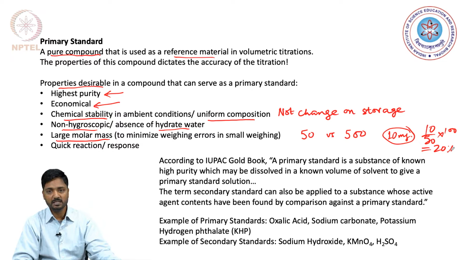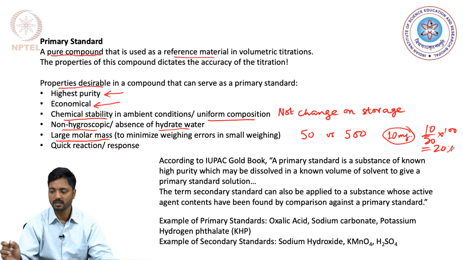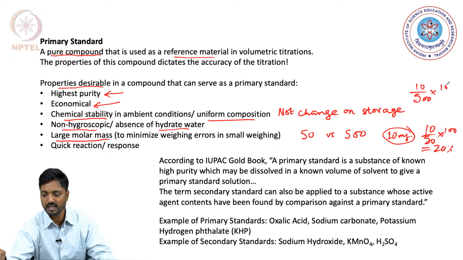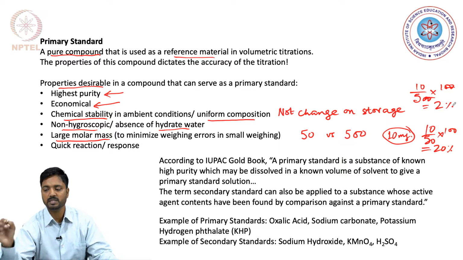Now that is a large error, but if a different primary standard has the mass as 500, then we see that the error reduces to only 2%.